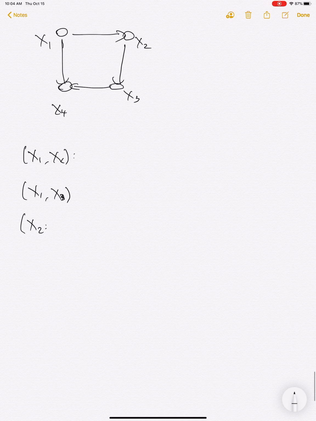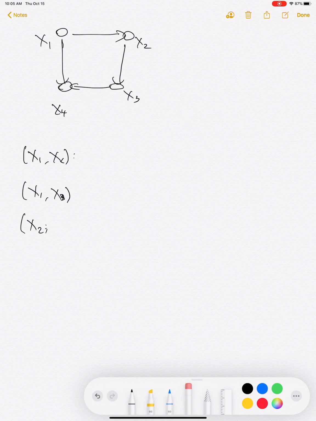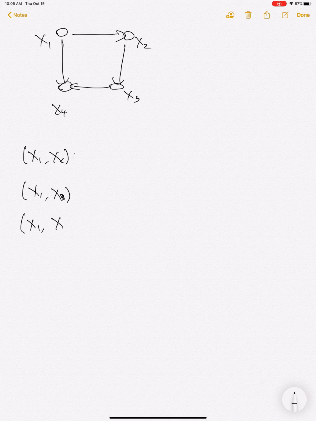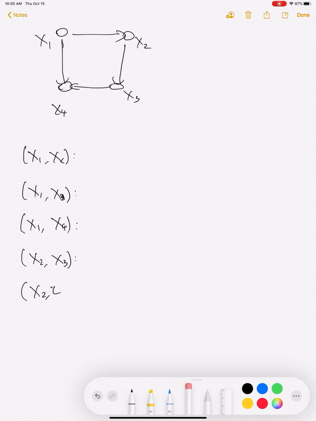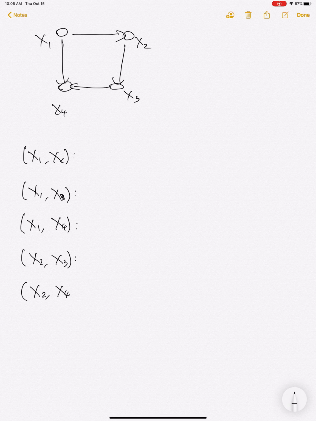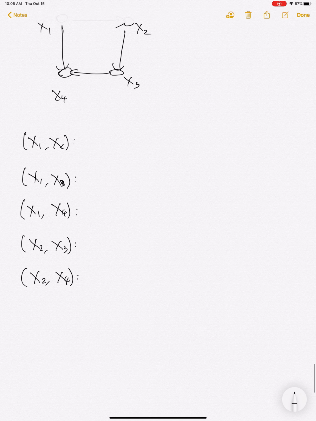Then x1, x4, and we're going to look at them one at a time. x2, x3, and then x2, x4. So all I've done is selected the 6 pairs of variables that we have, and we're going to see if there's a conditional independence.